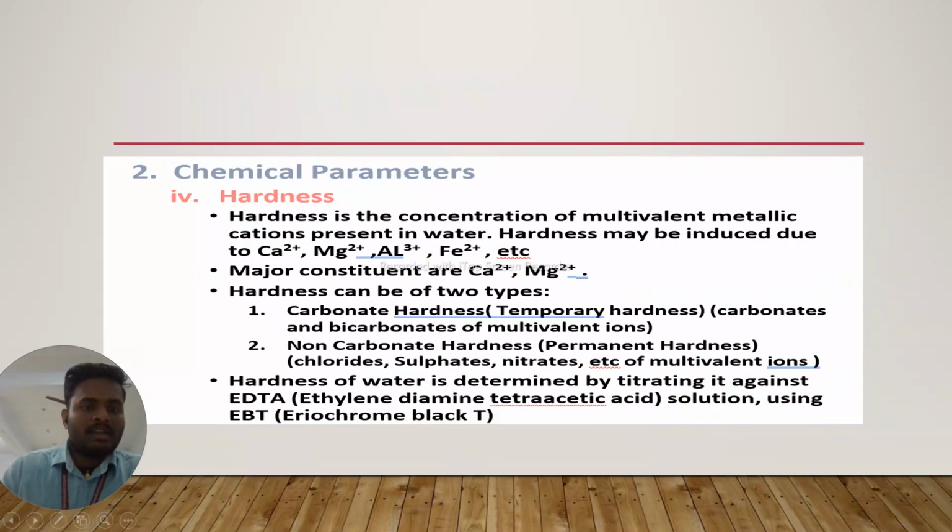So this is the important one, hardness in water. So what is hardness? First we have to understand. Hardness is the concentration of multivalent metal cations present in water. Whenever multivalent metal cations are present in water, hardness may be induced due to Ca2+, Mg2+, Al3+ and Fe2+. The major constituents of hardness are Ca2+ and Mg2+.